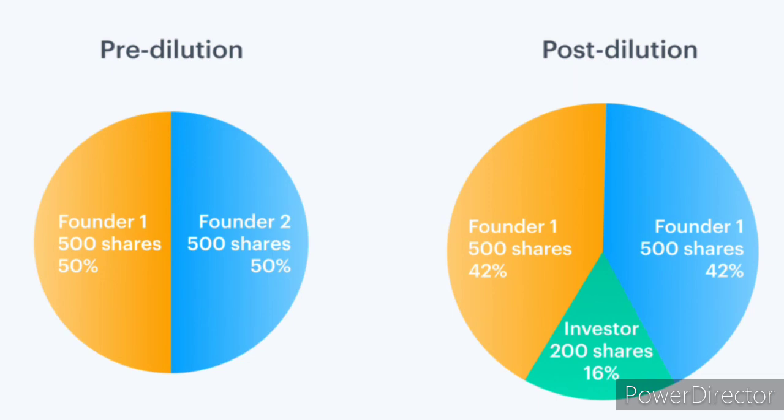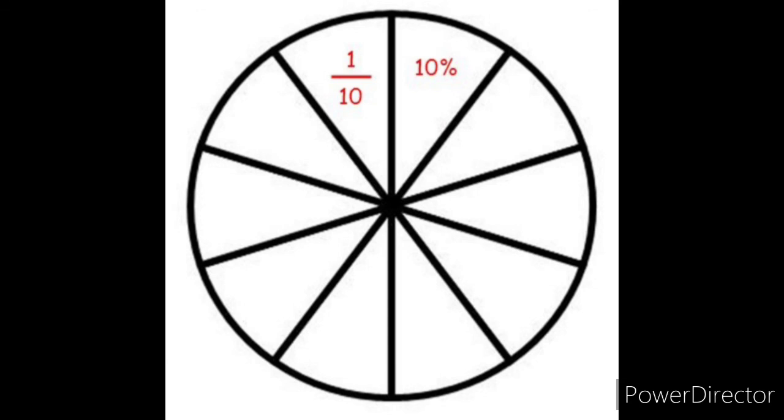Now, jumping over to this other slide, this is another pie chart that will give you a better idea of share dilution and your ownership stake, and what you're actually getting when you buy a share or a piece of a company.